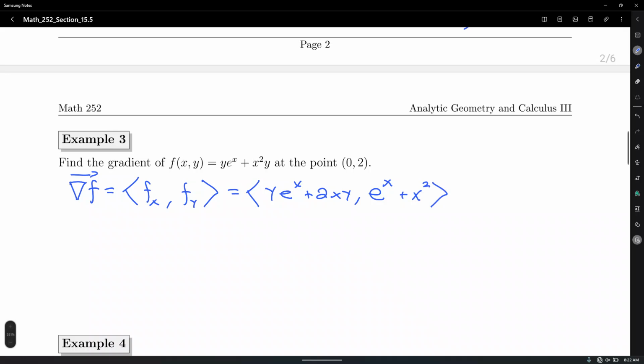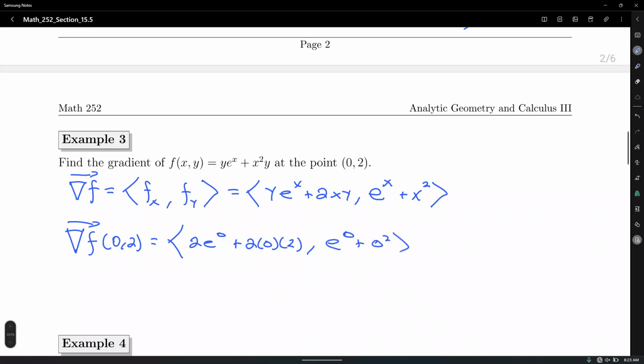Now let's evaluate this gradient at the point (0, 2). That's just plugging in numbers where they correspond for x and y. So that is y, which is 2, e to the 0, plus 2 times 0 times y, which is 2, comma, e to the 0 plus 0 squared.